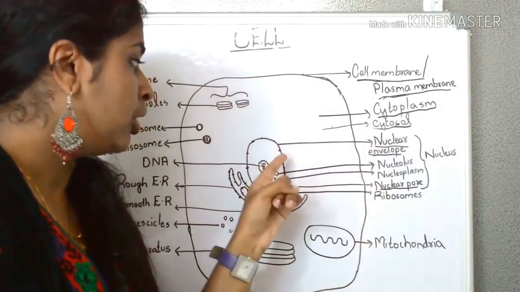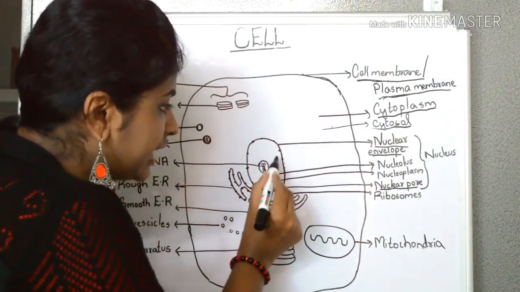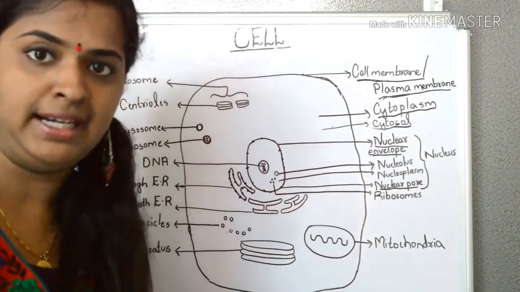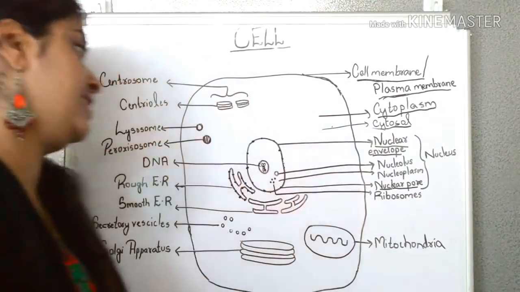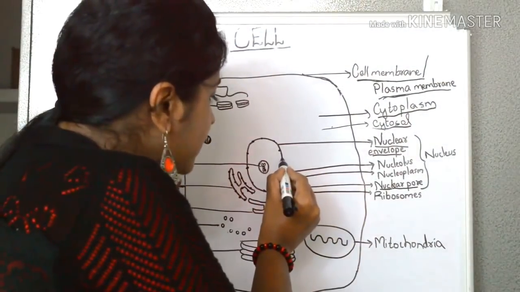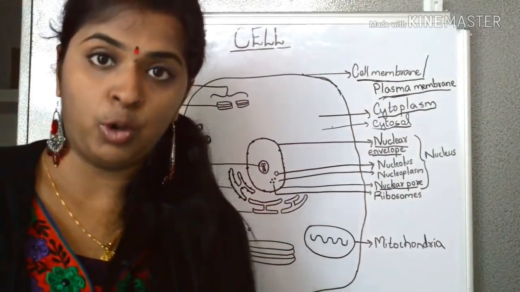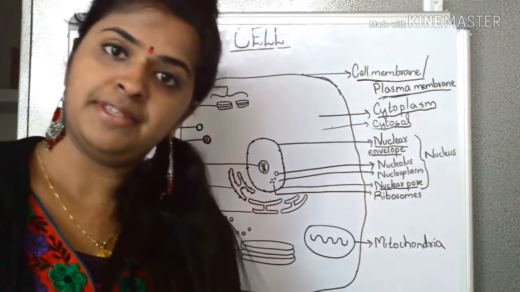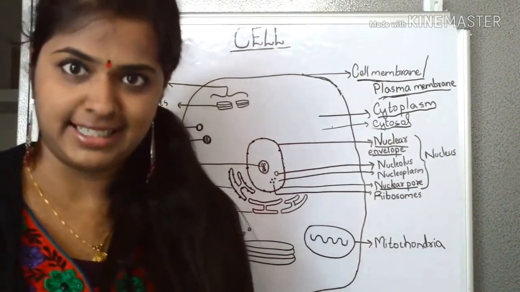The nuclear envelope will protect the DNA genetic material from the outside environment. It will protect the DNA from digestive enzymes, and this nuclear pore helps in influx of nutrients and outflux of particular things.